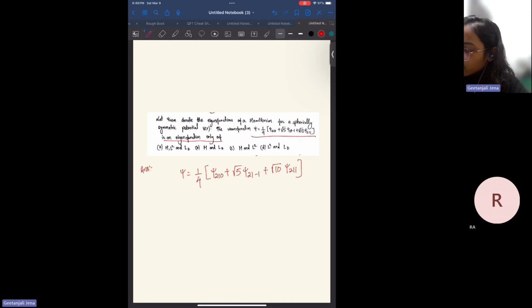Now it is asking whether this psi is an eigenfunction of H, L squared, and Lz.